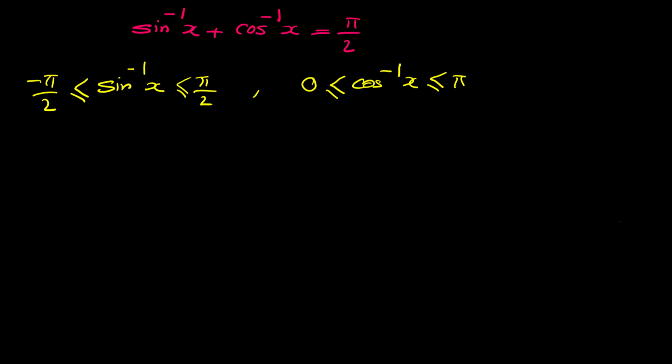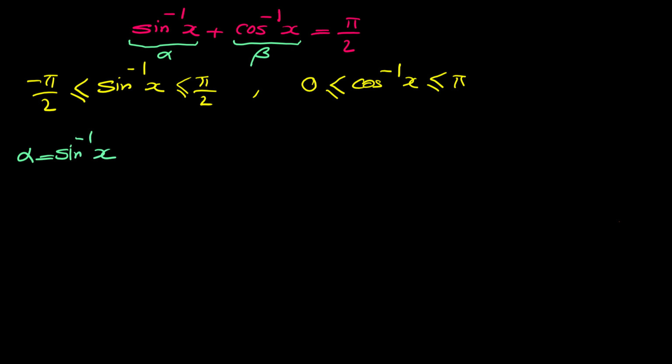So we want to prove that sine inverse of x plus cosine inverse of x is equal to pi over 2. The method of the proof is this. We suppose the angle that we get from sine inverse is alpha, and we suppose the angle from cosine inverse is beta. So we suppose alpha to be equal to sine inverse of x.